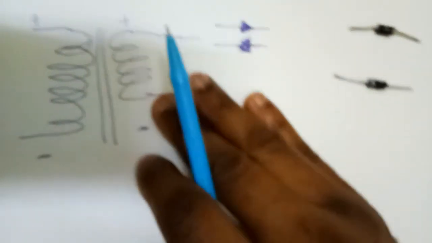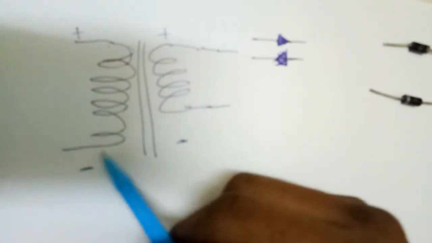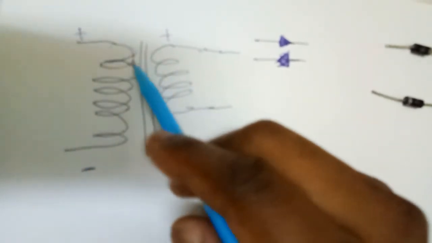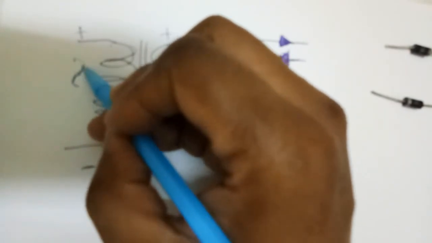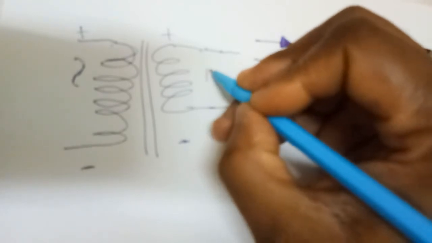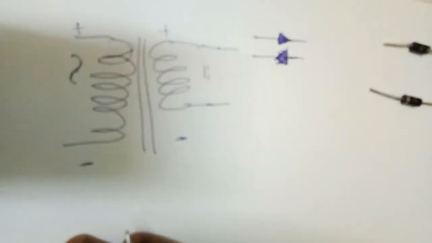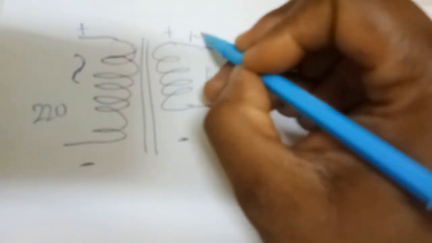As you can see, this is the AC part of the current, and this is DC. This is 220 volts. This is 14 volts.